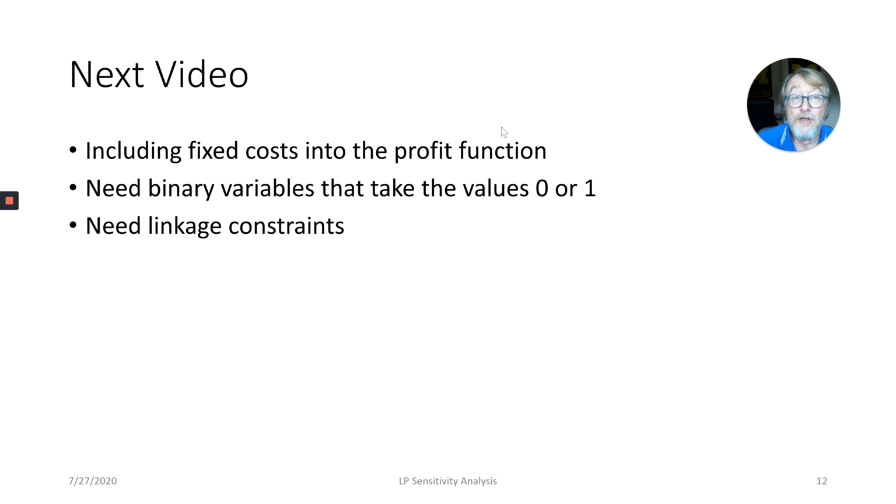But if we do make cookies, we have to have some setup time for cookies. We get a fixed cost, and that fixed cost is there whether I make 1 pound of cookie or 1,000 pounds of cookies. Okay, and so to bring those fixed costs into the profit function, I need to do binary variables that take the values of 0 and 1. Now, in one sense, that's my kind of math. 0 and 1 is really easy to do math with. Unfortunately, in optimization, it makes the problem extremely hard.